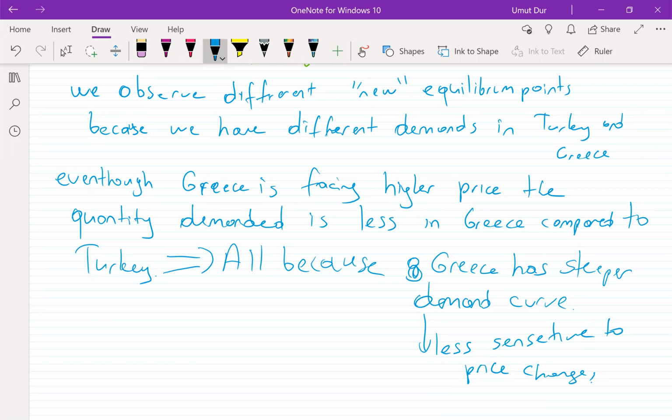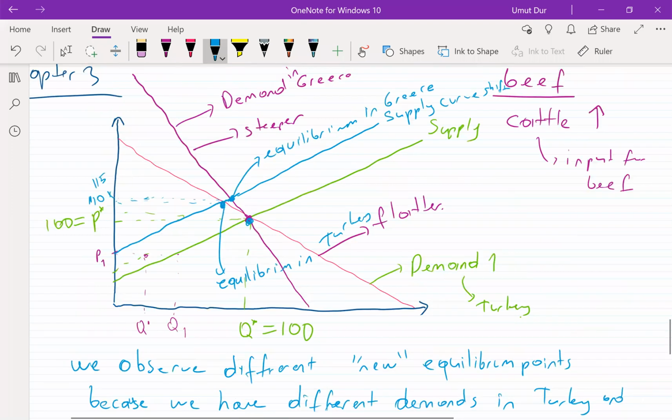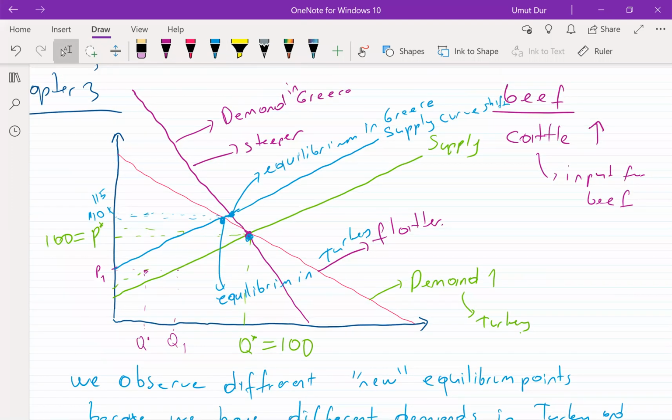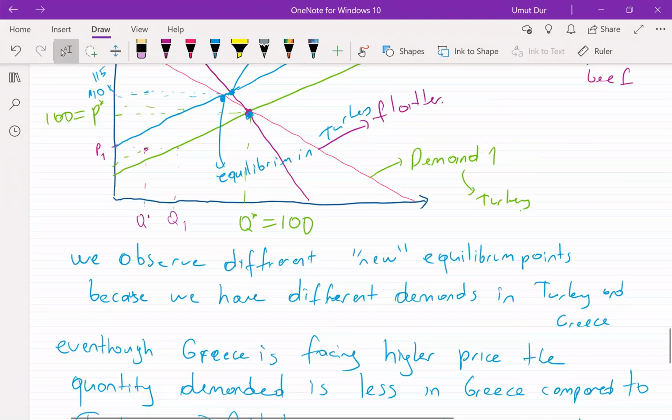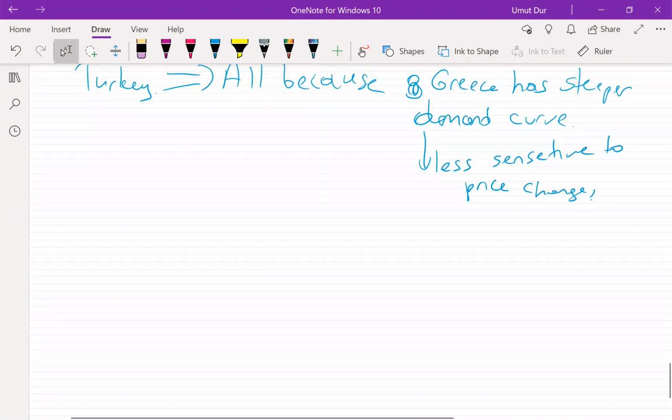Okay. So what we will do in this chapter is, this chapter will be shorter than the first one. Hopefully we will complete this chapter by the end of this week. So we will be looking for the sensitivity of demand and supply to the changes. Okay. And we are explaining those sensitivity to price.